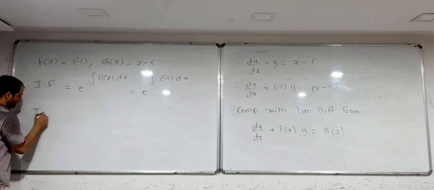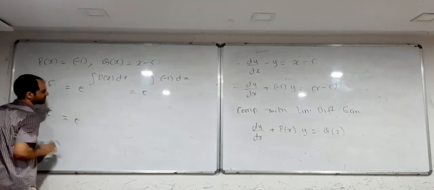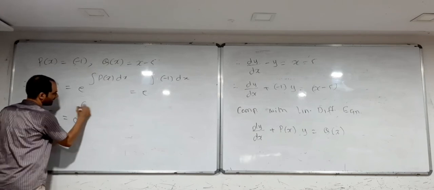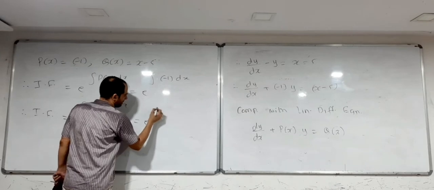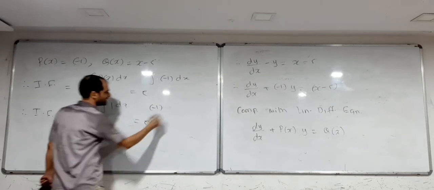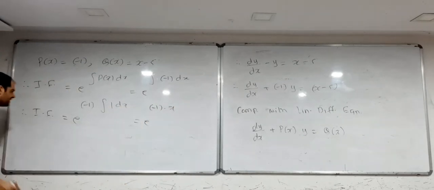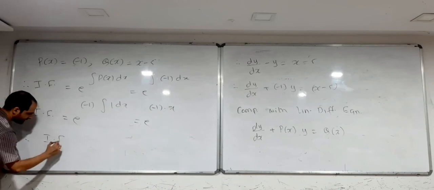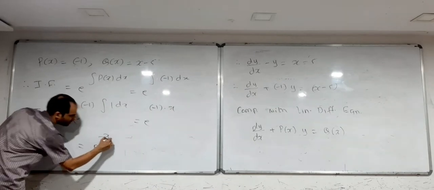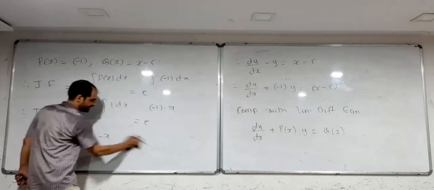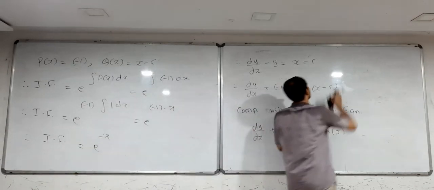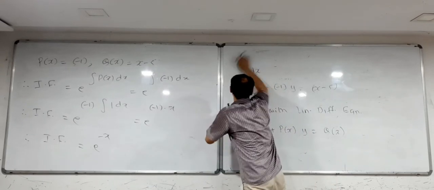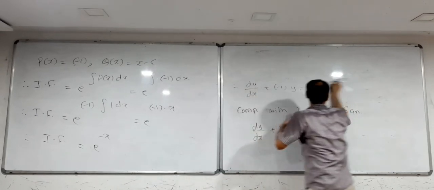So integrating factor is e raised to minus 1 times integration of 1 dx, which is x. Therefore the integrating factor is e raised to minus x.